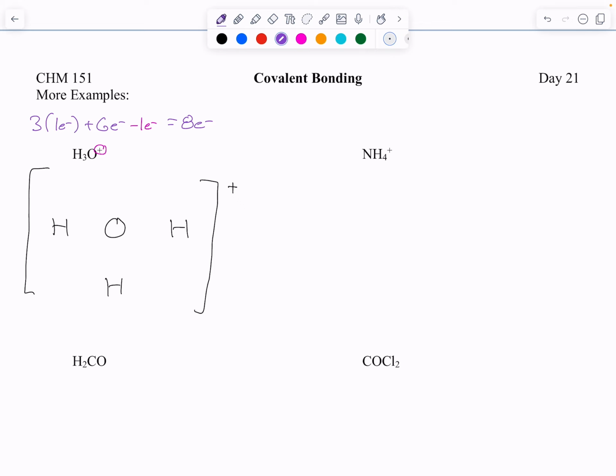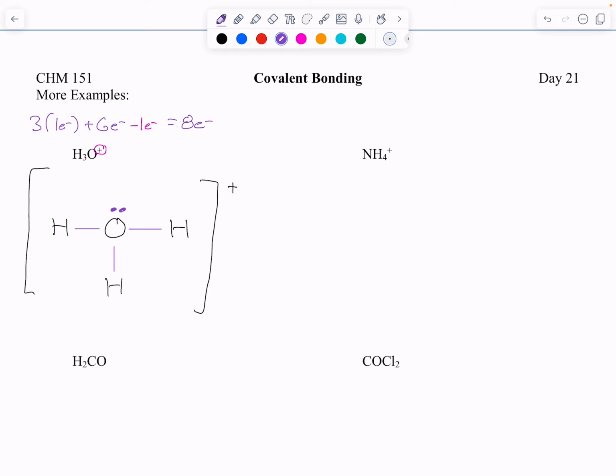Then we can bond 2, 4, 6, and then the lone pair, extra goes on the central atom, 8. So now we have 8 electrons around oxygen, and we have a duet for each hydrogen. And so that's good. It's an ion, so it's got the plus. The whole thing's charged.